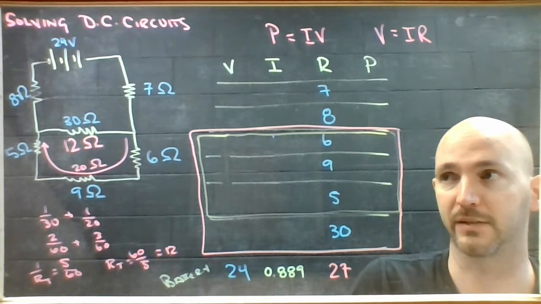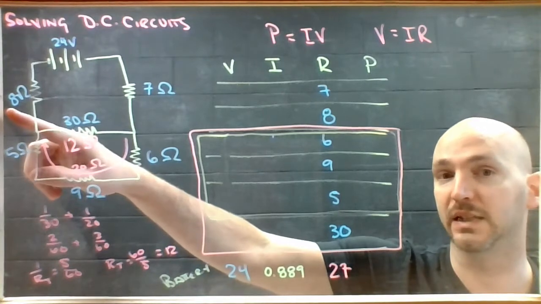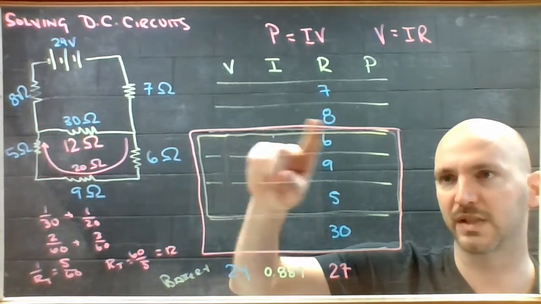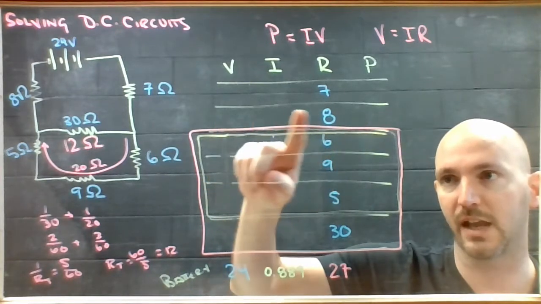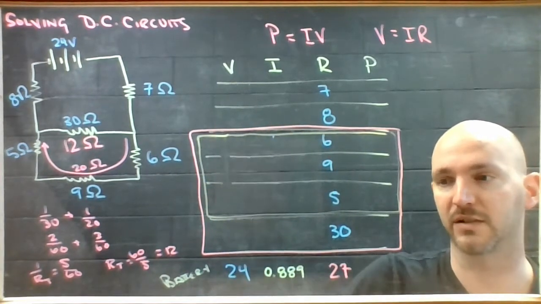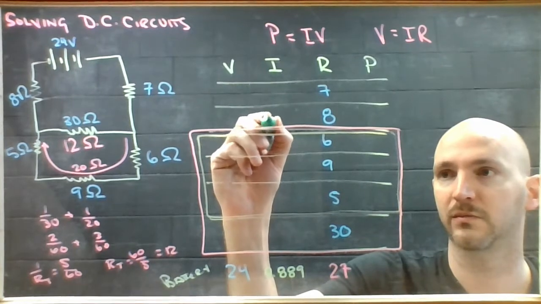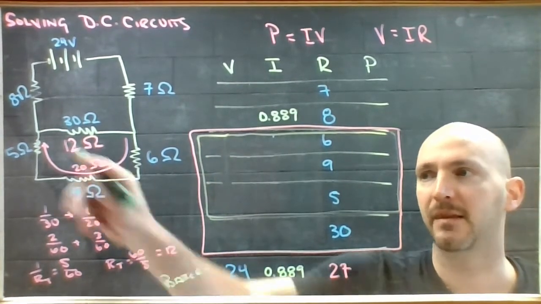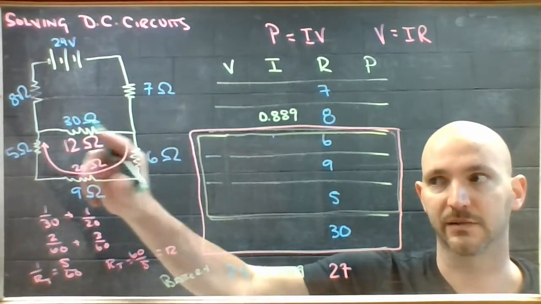flow through that battery. They come out of there and they immediately go through this 8 ohm resistor. So I can find the 8 ohm resistor in my chart, and I can assign all of that current to flow through it. Then some magic happens here, right? The current splits.